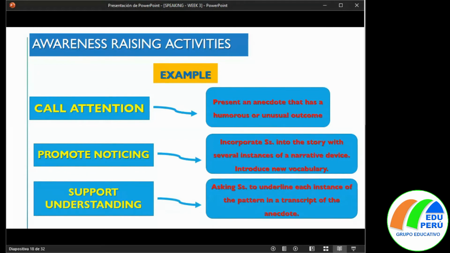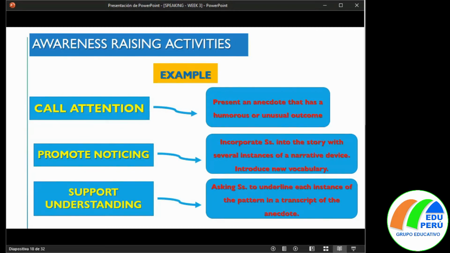Notice, what is the purpose of this speaking activity? This is just at the beginning. So in order to introduce this kind of speech, maybe the purpose of this activity is that they are going to tell a story. They are going to talk about a story. So what does the teacher do?